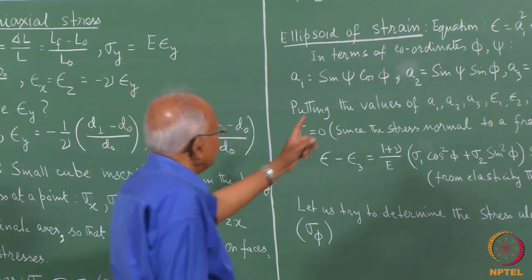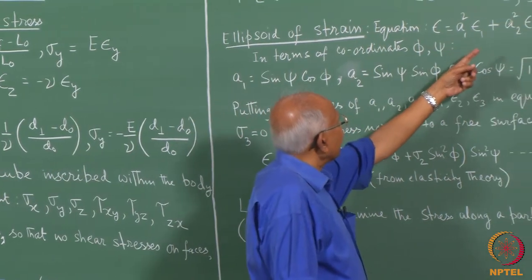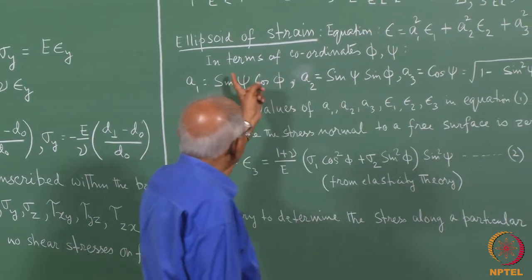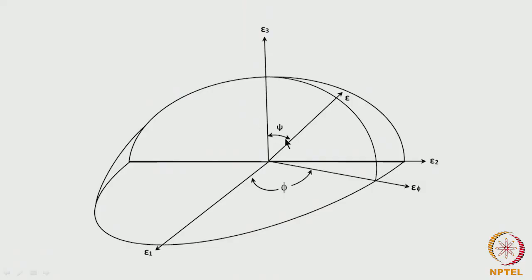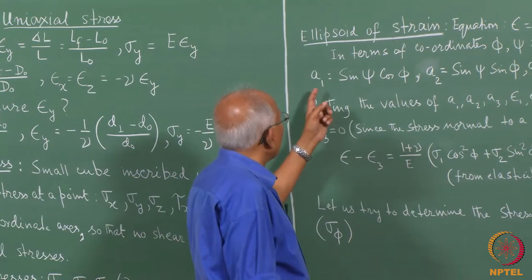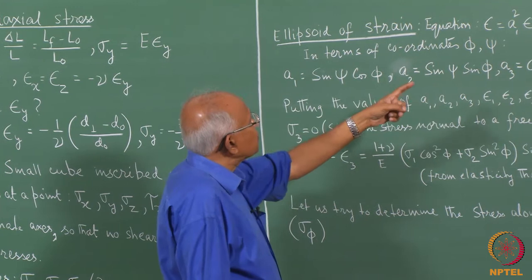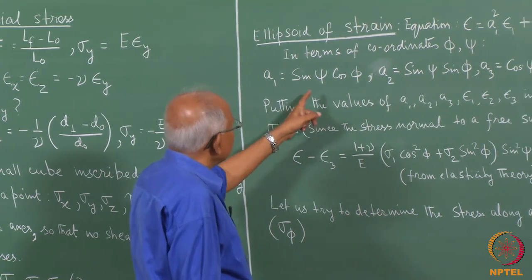and the value of epsilon will be given by this. Now, in terms of the coordinates as we have shown here, the psi and the phi angles, in terms of these coordinates A1, A2 and A3, can be written in this fashion.